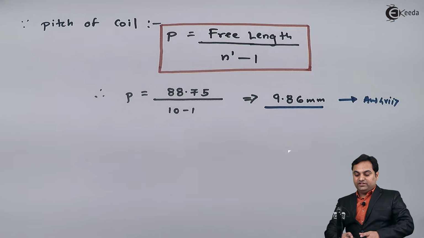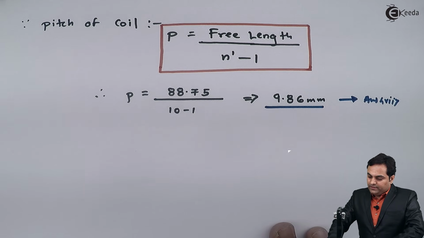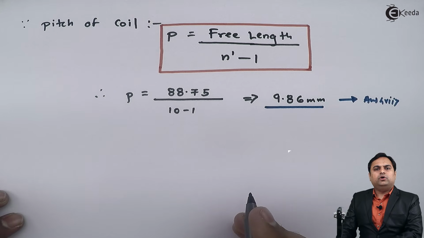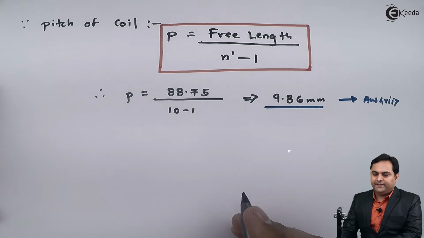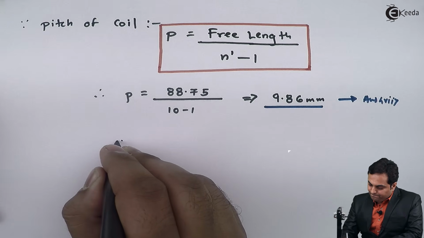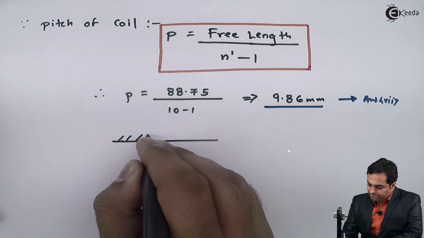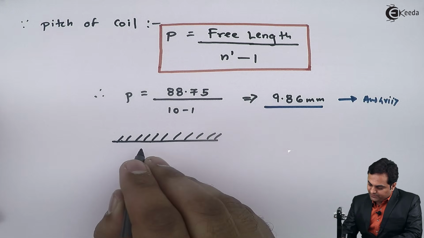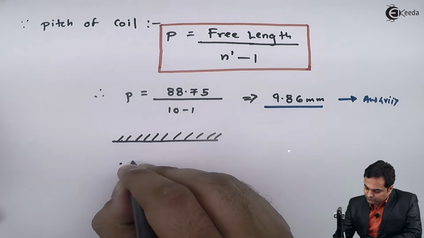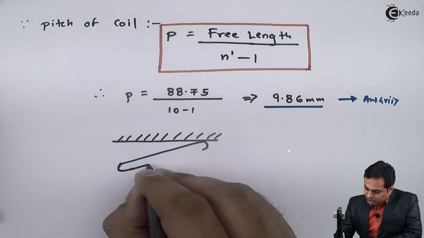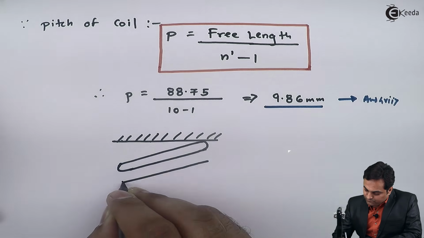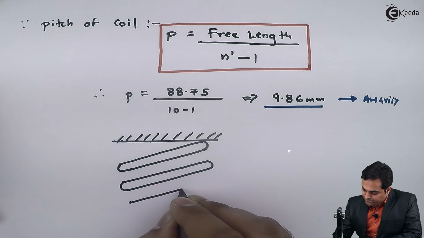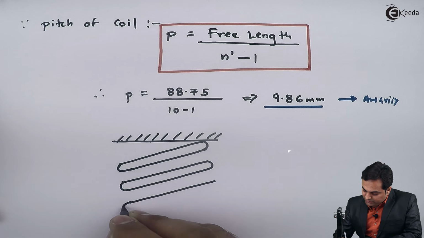Now after we have reached up till pitch, next I'll denote whatever dimensions we have found out on a diagram. Here I am again drawing a helical compression spring. This is the diagram for the helical compression spring.